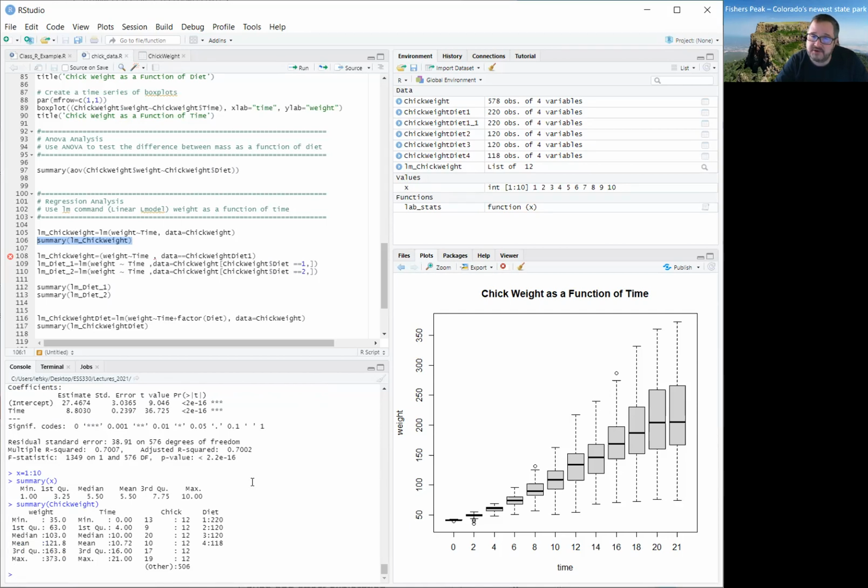So I know that for a data frame, summary means give me the summary of all the different columns in it.